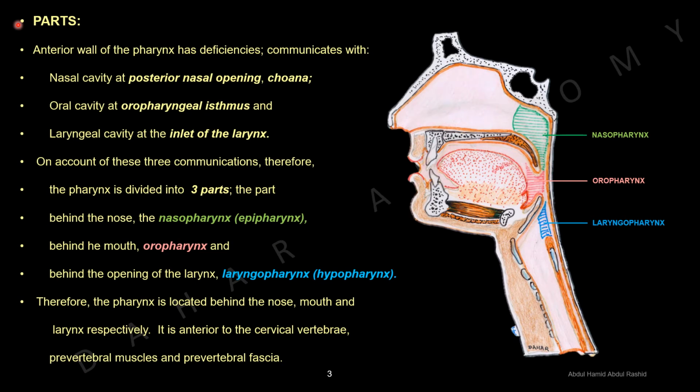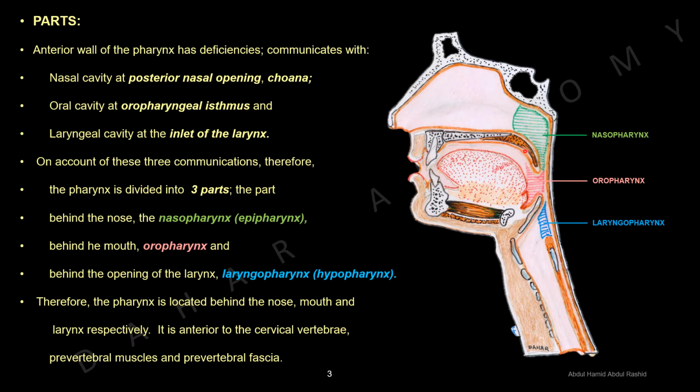Parts of the pharynx. Let's see the diagram first. This is the pharynx, extending from the base of the skull up to the lower margin of the cricoid cartilage. This is the nasal cavity, this is the oral cavity, and this is the laryngeal cavity. The anterior wall of the pharynx has deficiencies and communicates with structures in front.